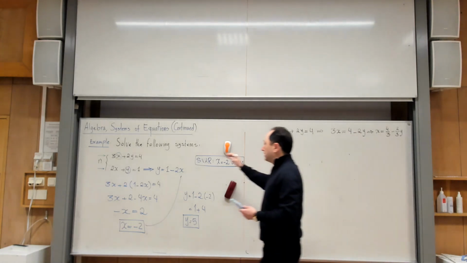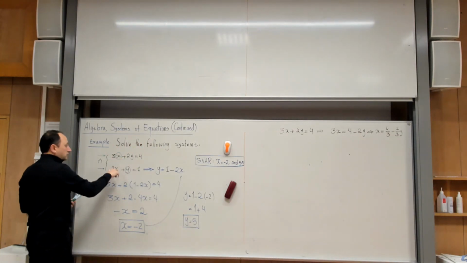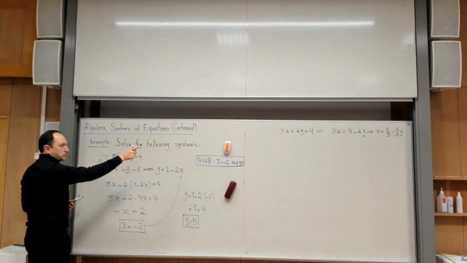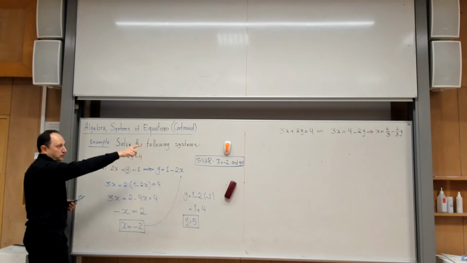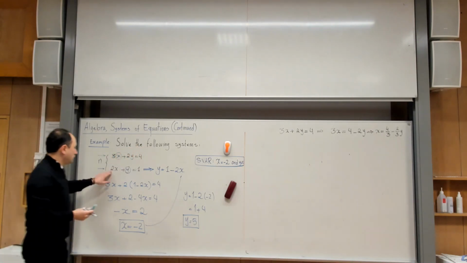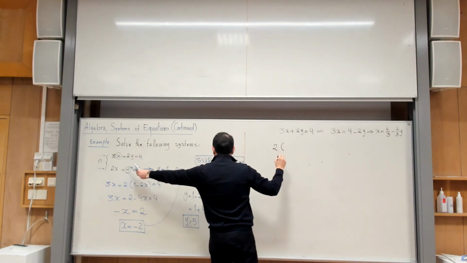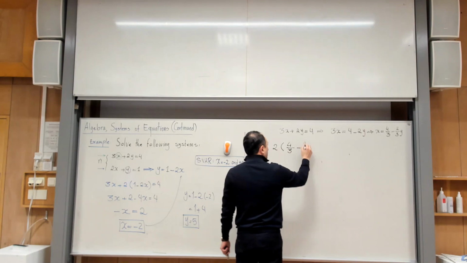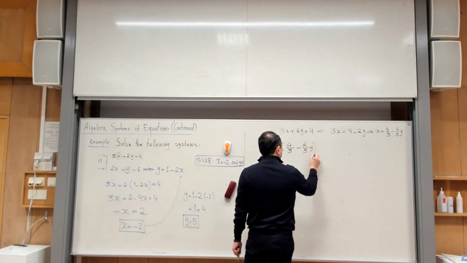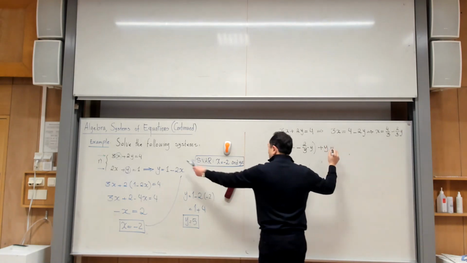But then, because I have used this equation, I have to go to the other equation and do the substitution. So in the second equation, I will take x away and replace it with that expression. So what will happen here? This becomes 2, and instead of x, I put that expression, and then plus y equals 1, yes?